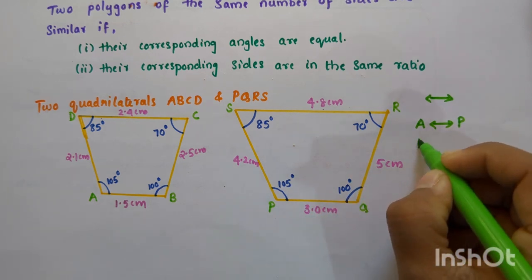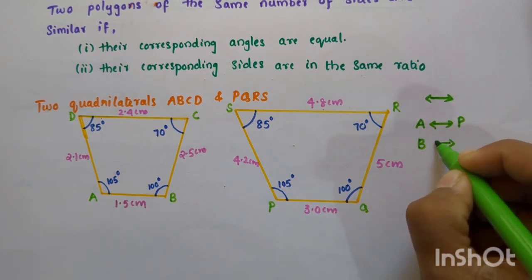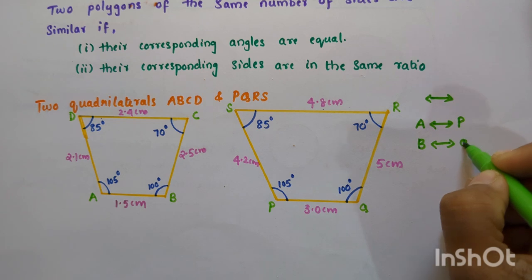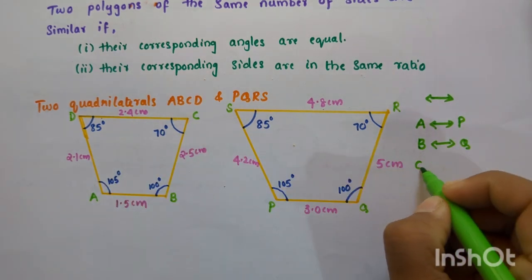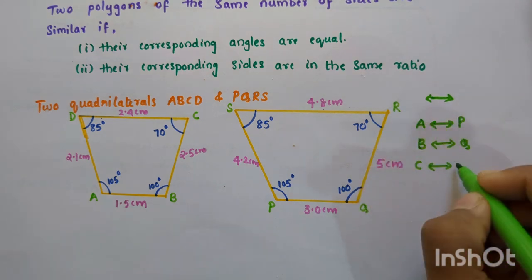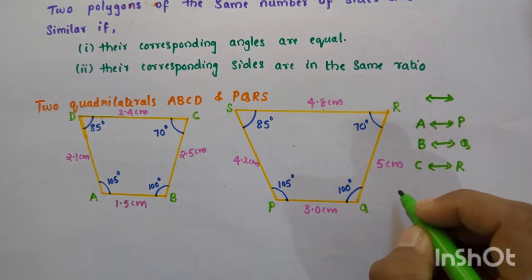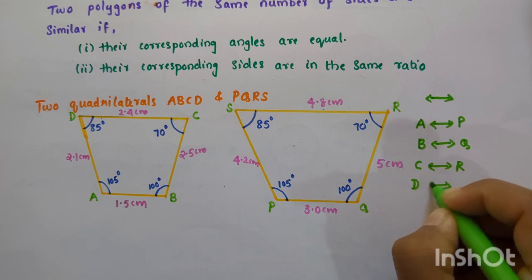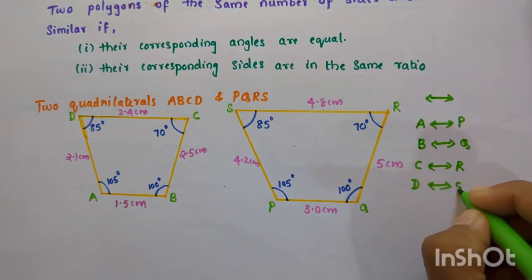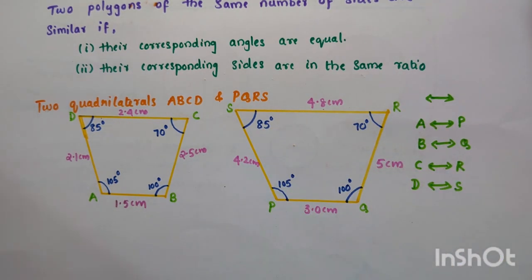The vertex B of the first quadrilateral corresponds to the vertex Q of the second quadrilateral. The vertex C of the first quadrilateral corresponds to the vertex R of the second quadrilateral. Similarly, the vertex D of the first quadrilateral corresponds to the vertex S of the second quadrilateral.